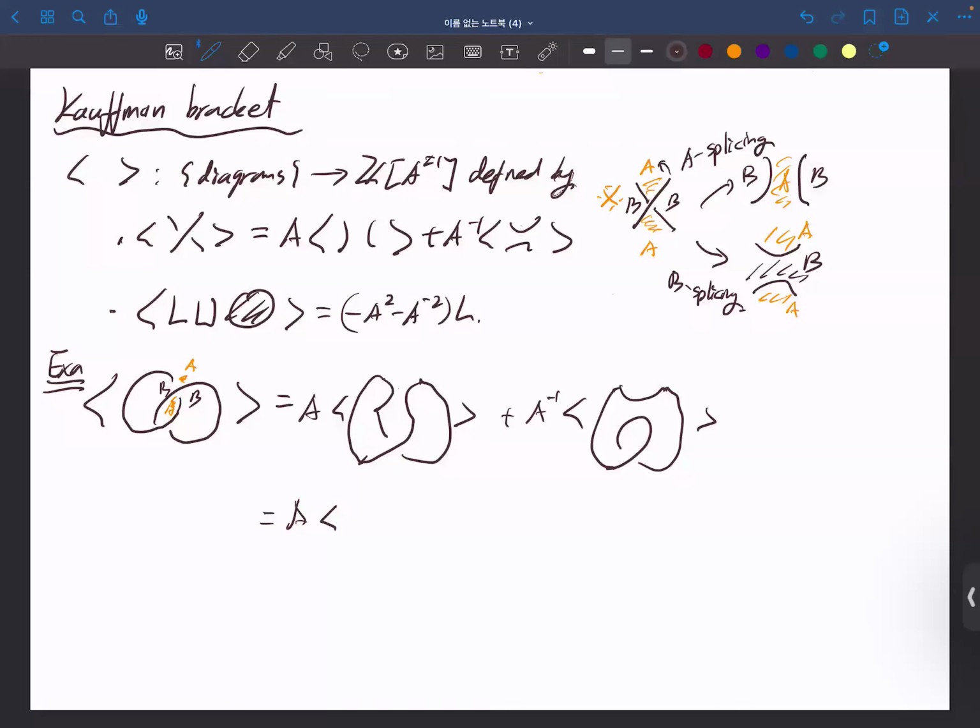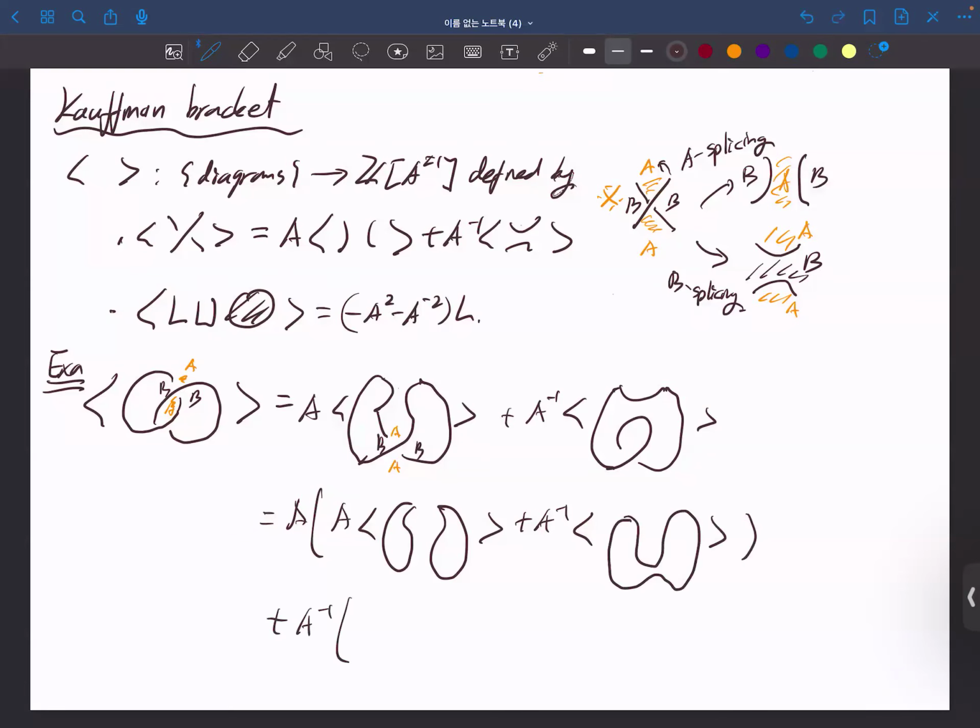So here again, we have A, B, B. So we multiply A and the diagram obtained by A splicing, and A inverse with the diagram by B splicing.